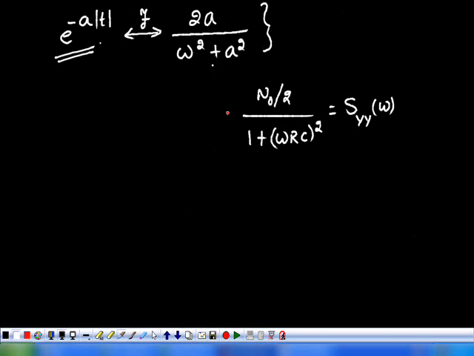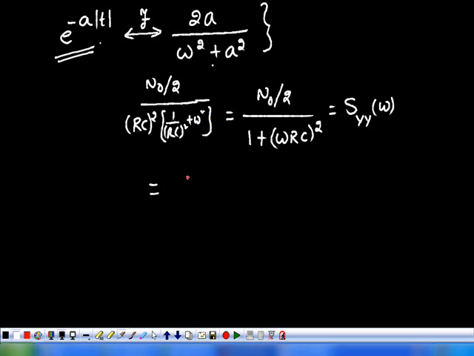Now you just take that RC square outside, then what you will get? N naught by 2, 1 by RC square, times 1 by RC whole square plus omega square.